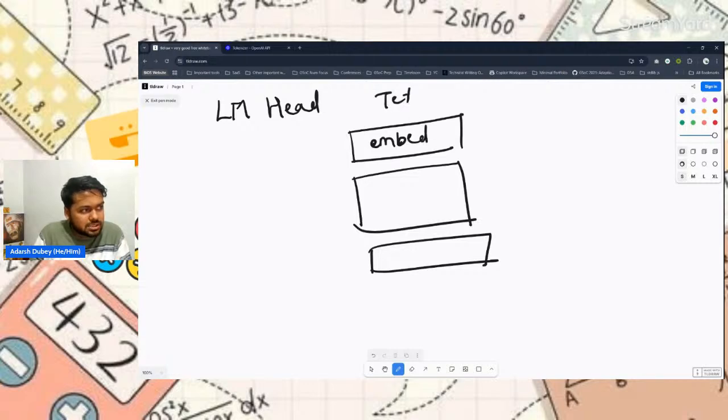We put in some text. So we saw what embeddings are. Embedding is basically a vector representation, a multi-dimensional representation of a word that contains the meaning of the word in different dimensions. It goes to the transformer block, and then it goes to the LM head.